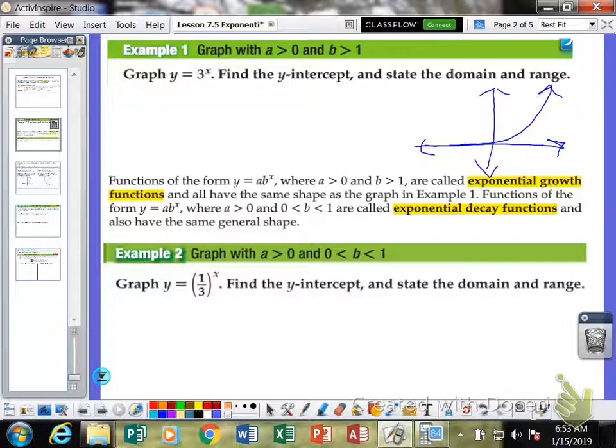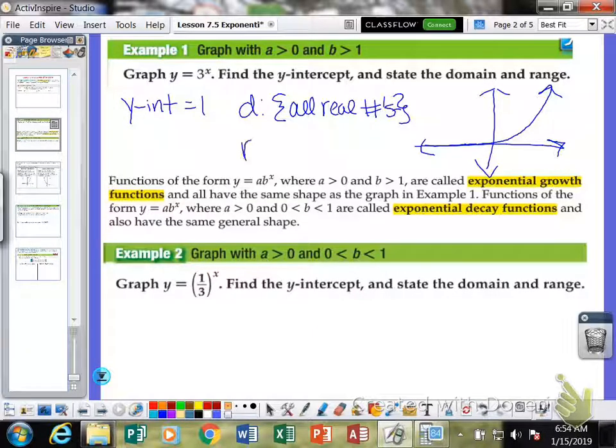So the y-intercept was equal to 1. The domain we said was all real numbers, because we can put anything we want in. And the range would be y is greater than, or equal to, no, it's not equal to, sorry, y is greater than 0. It can't be equal to because it'll never hit that line. So there is your domain, and that is your range.